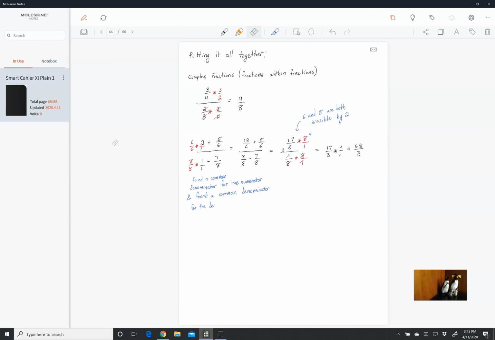That was our first step. Our second step was to combine fractions in the numerator. Combine meaning add or subtract. And in the denominator.